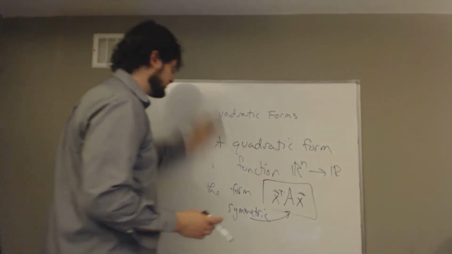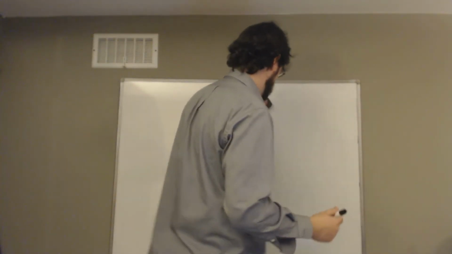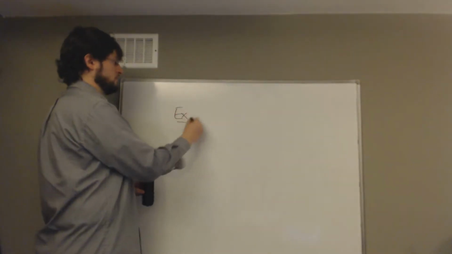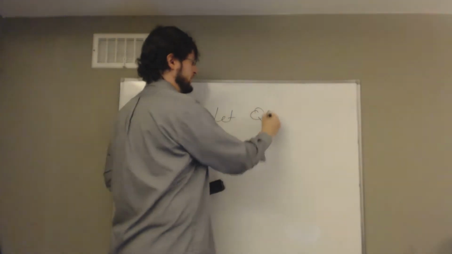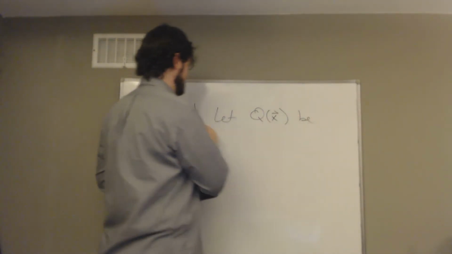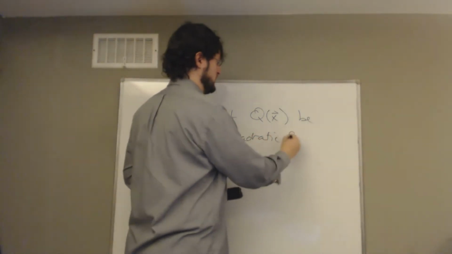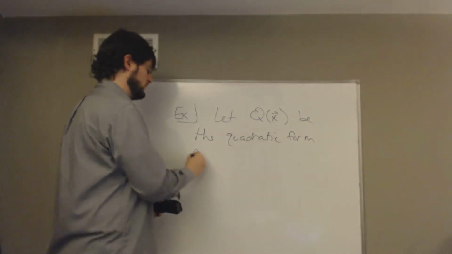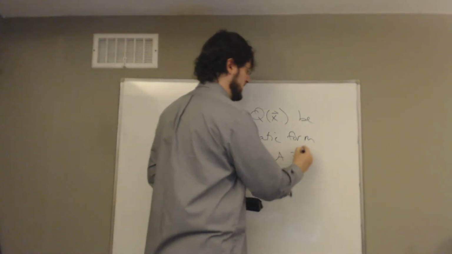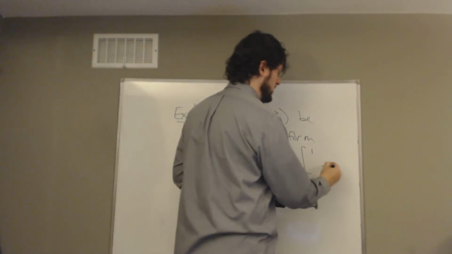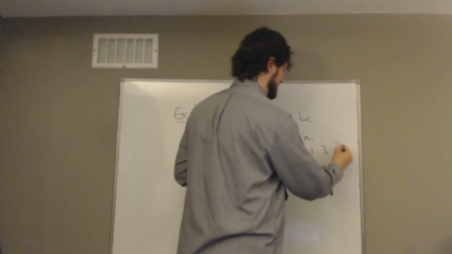So for example, let's let Q at x be the quadratic form given by the matrix A, which is going to be a symmetric matrix. So let's say it's 1, minus 2, 3, 3.